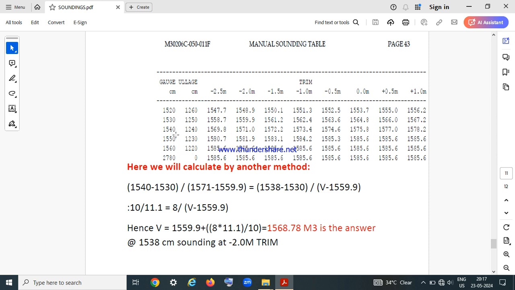So here what we will do, as it came 1538, between these two values, we will subtract this one from this one, 1540 minus 1530, and divide by the difference of these values, 1571 minus 1559.9.